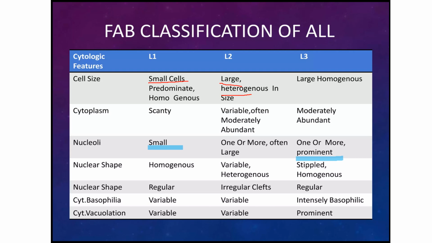The nuclear shape is homogeneous and regular in L1, whereas in L2 it is heterogeneous and irregular, and in L3 it is regular but a stippled homogeneous nuclear shape. Basophilia will be increased in L3, and cytoplasmic vacuolation will be prominent in L3. So this is how we classify the ALL.